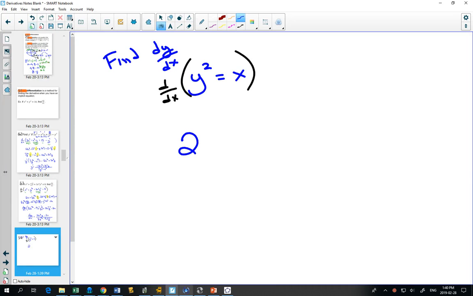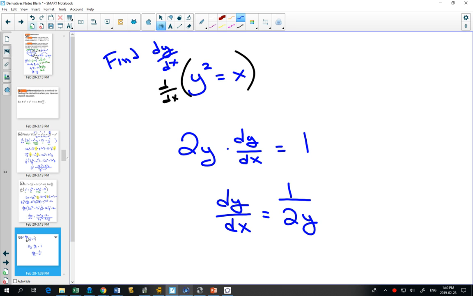This side, 2y dy/dx. And on this side, it's just going to equal 1. So to get dy/dx by itself, it is 1 over 2y.